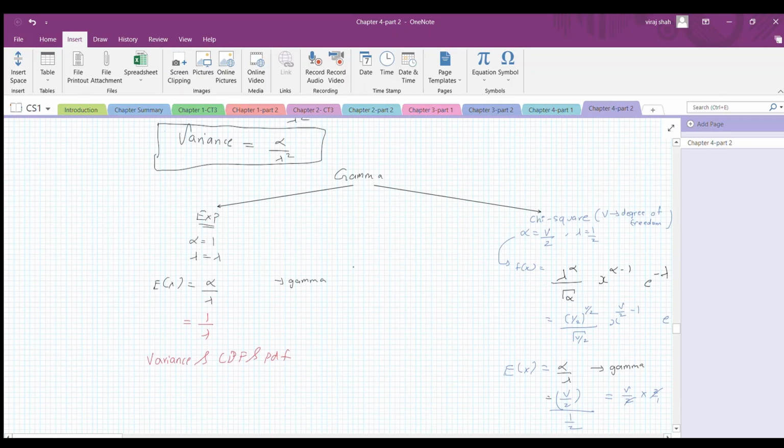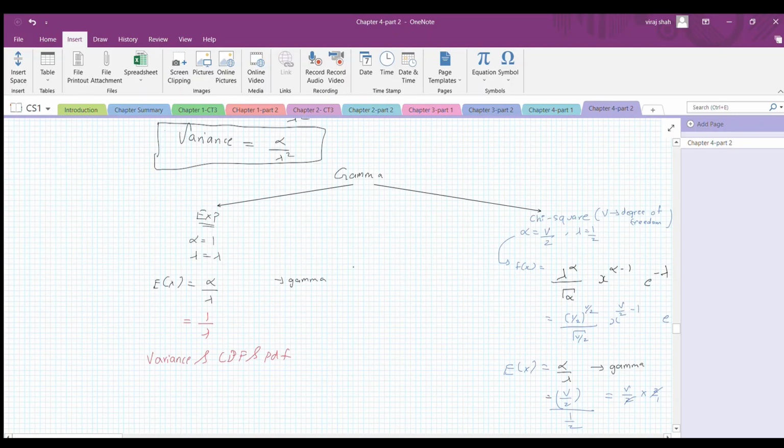So then we linked the gamma distribution to the exponential distribution. The gamma distribution is an exponential distribution when alpha is equal to 1 and lambda is equal to lambda. I proved it for the expectation of x. If you want to prove it further, you could even prove it for variance, CDF, and PDF.